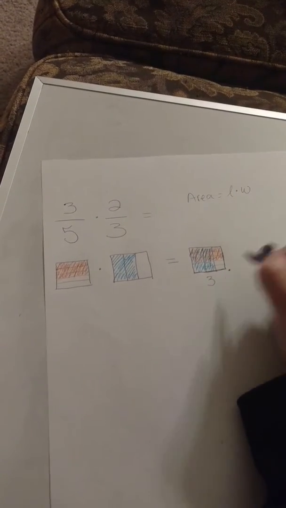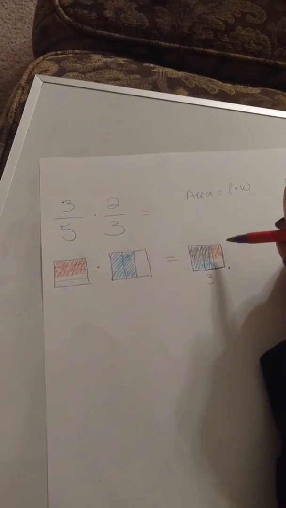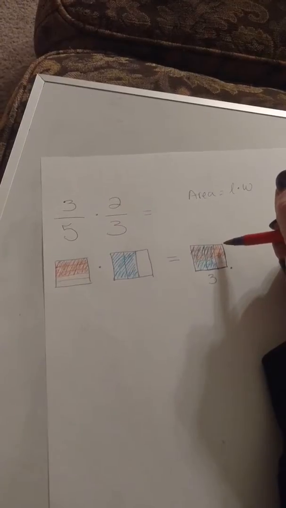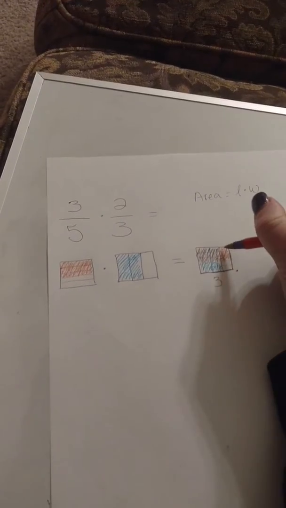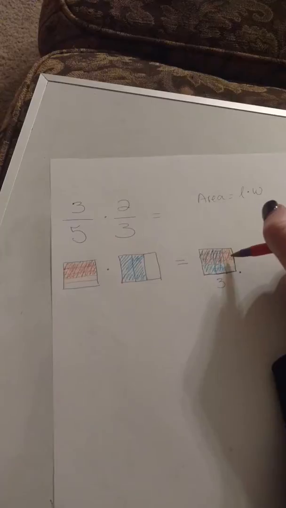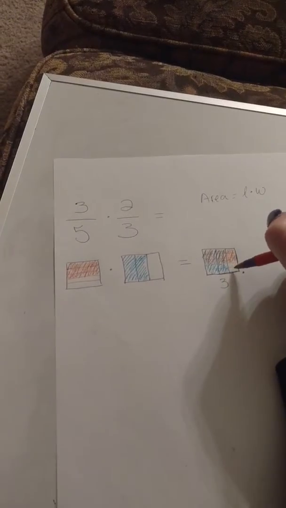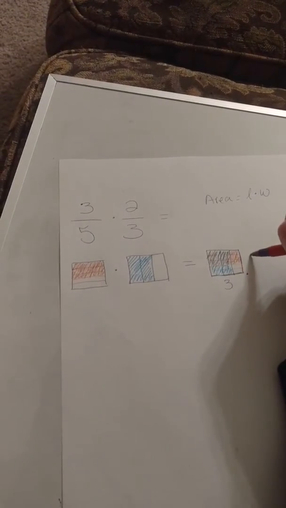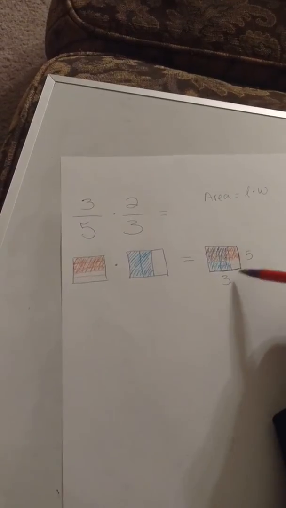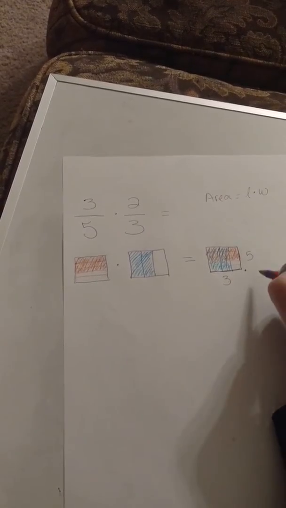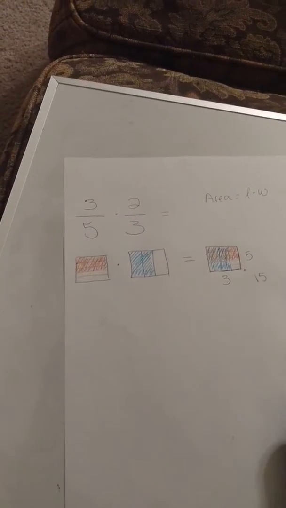And put a little multiplication symbol there. And then I'm going to find the length. 1, 2, 3, 4, 5 squares across. 3 times 5 equals 15.